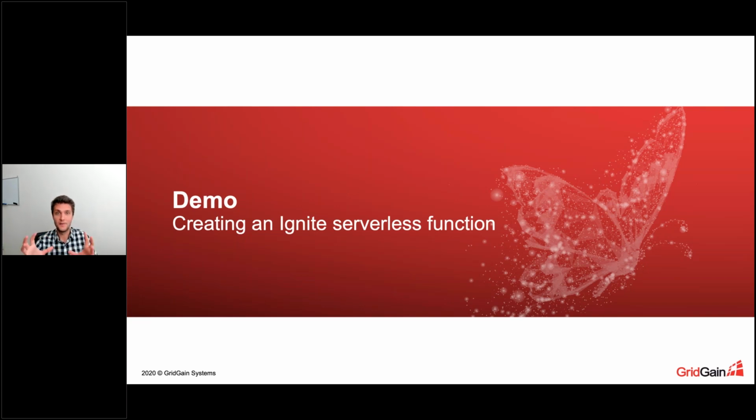Talking about the demo setup, I already have an Ignite cluster provisioned in Microsoft Azure. That's a 2-node cluster. I loaded a world database there. That database keeps a list of all the countries and all the cities of those countries.